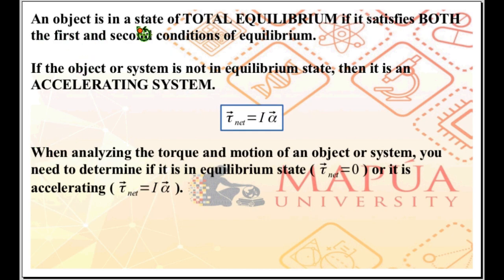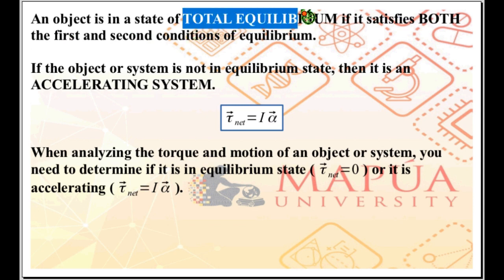An object is in a state of total equilibrium if it satisfies both the first and second conditions of equilibrium. Again, the first condition of equilibrium, which we covered in our discussion on force and motion, is F net equal to 0. The net force is equal to 0.